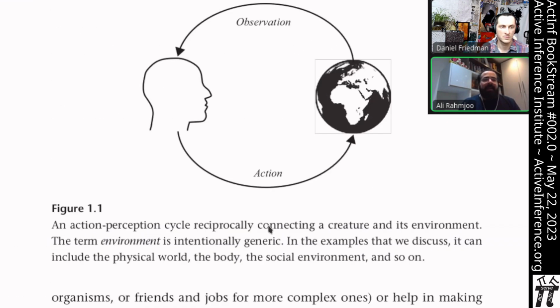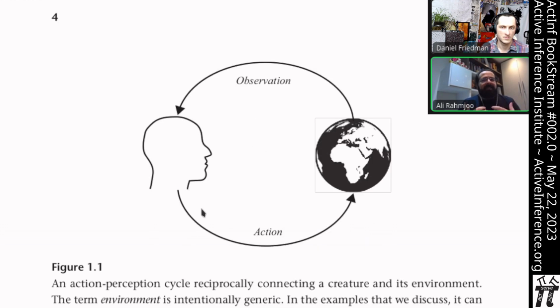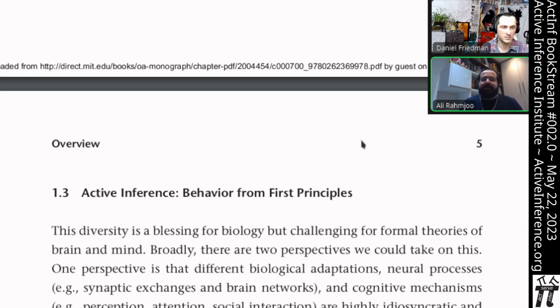So that's basically the unificatory principle that is at the heart of this active inference approach, because yes, exactly here, it's a description of this action perception loop that is at the heart of active inference or the FEP framework.